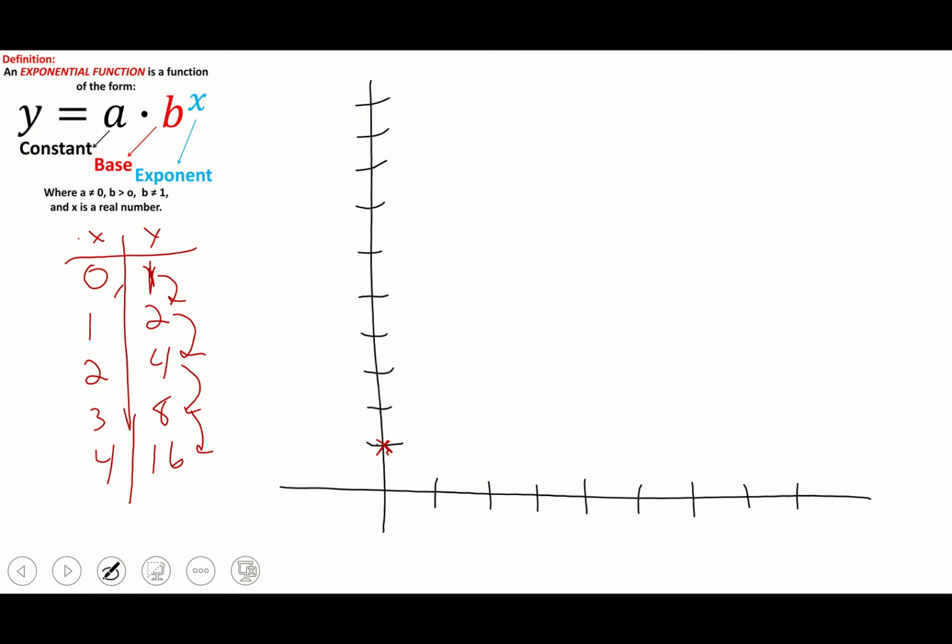So to graph this, we'll have 0, 1; 1, 2; 2, 4; and 3, 8. And you can see how things increase.